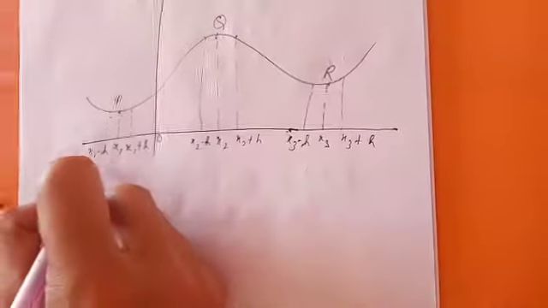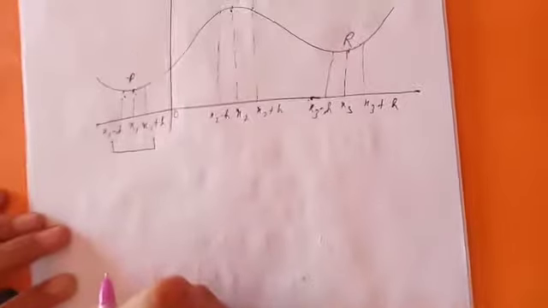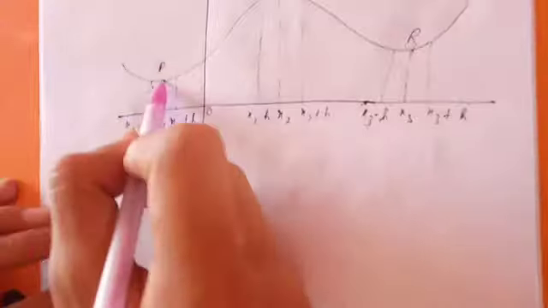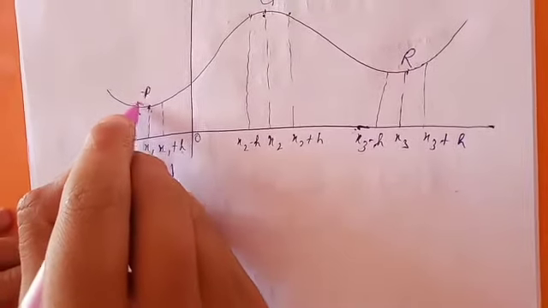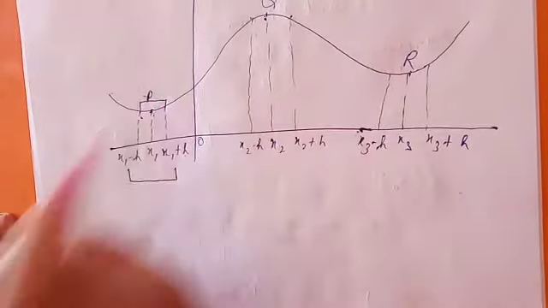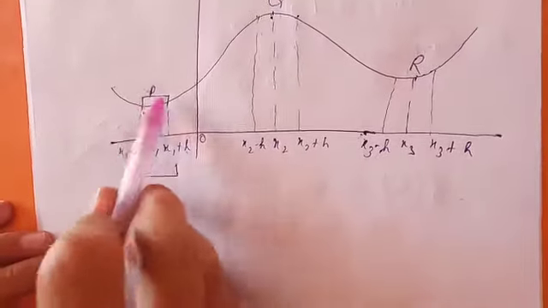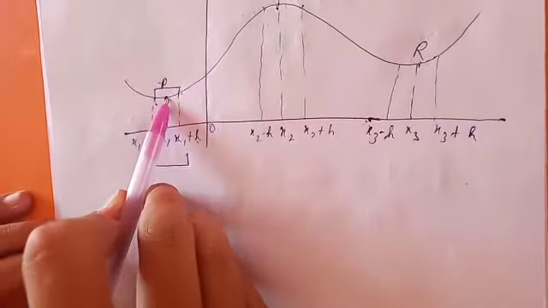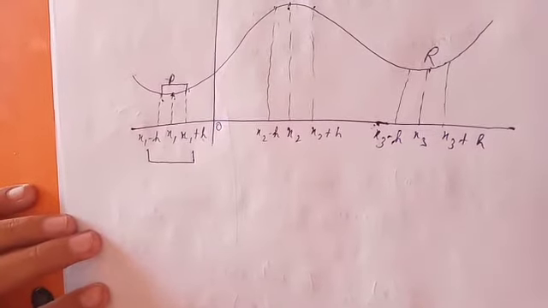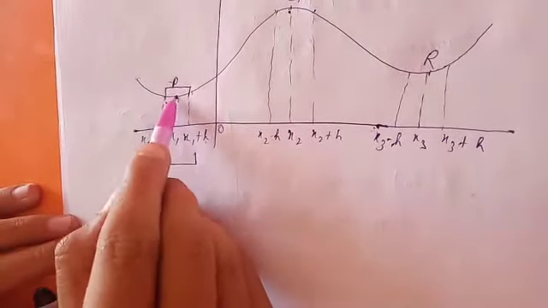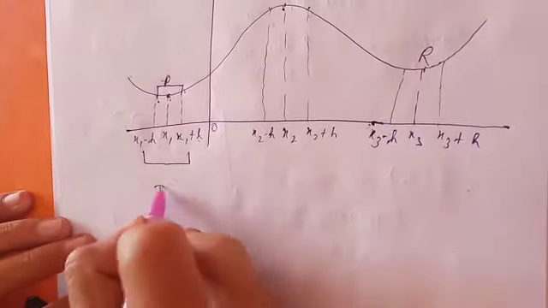Now we see in this range, what do we see is that the point P has the minimum value within this interval. Only within this interval, the point x1 has its minimum value. So it is a minima only in this interval. And what is our interval?